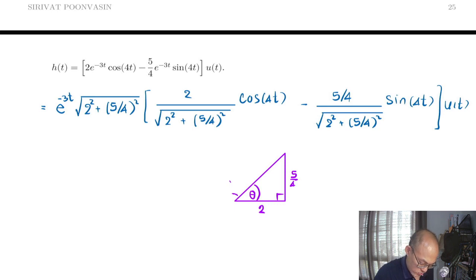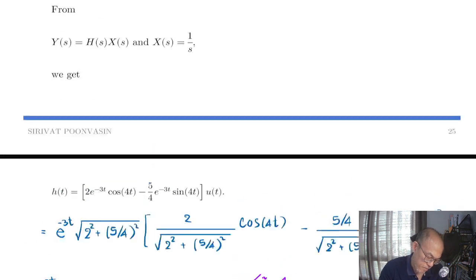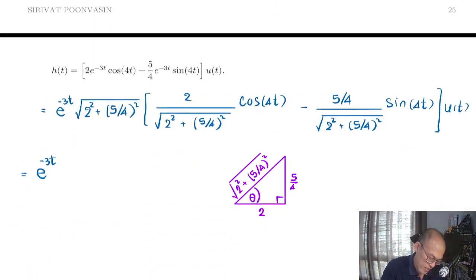This is the square root of 2 squared plus 5/4 squared. Okay, so this term is just cosine of theta, and this term is just sine of theta here. So this is equal to e to the minus 3t, and then I have square root 89 over 4.